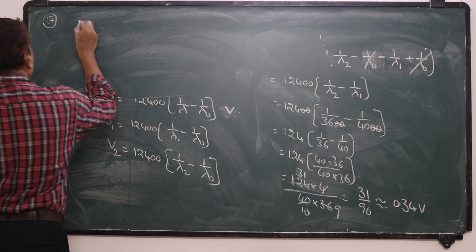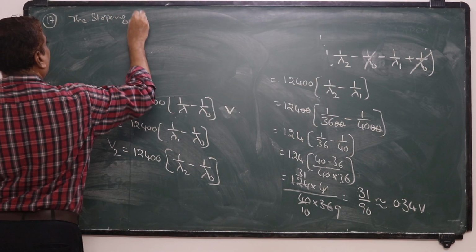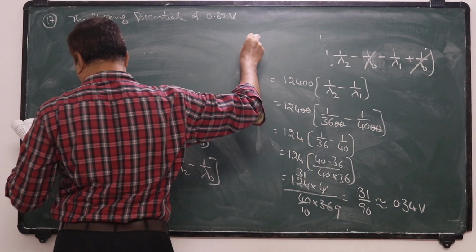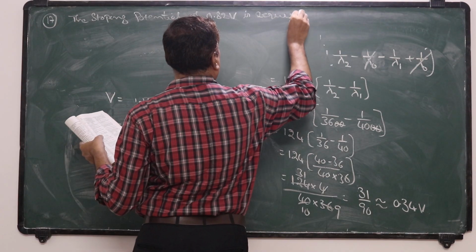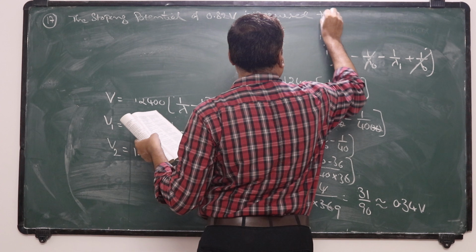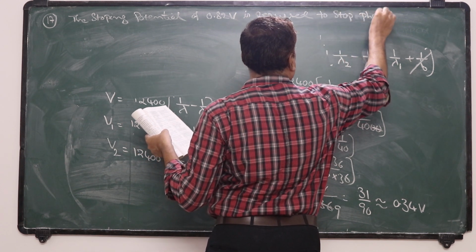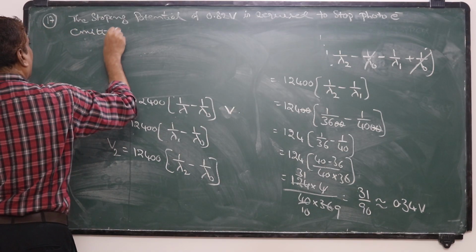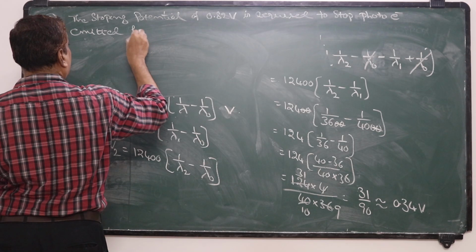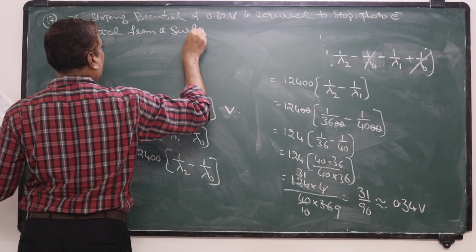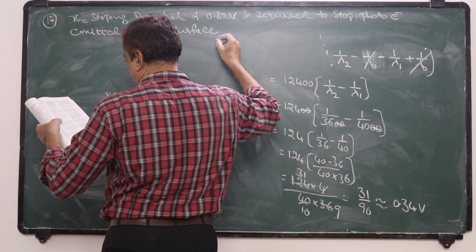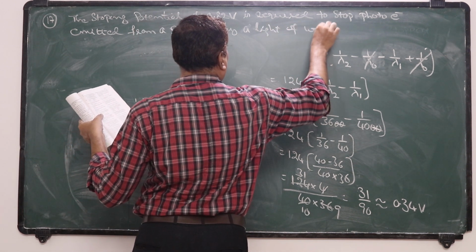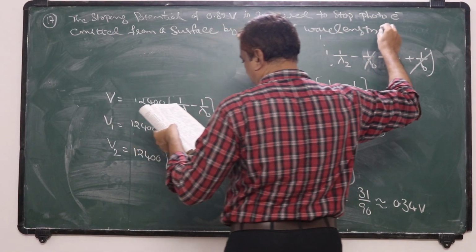Now the next one: the stopping potential of 0.82 volt is required to stop a photoelectron emitted from a surface by a light of wavelength 4000 Armstrong.